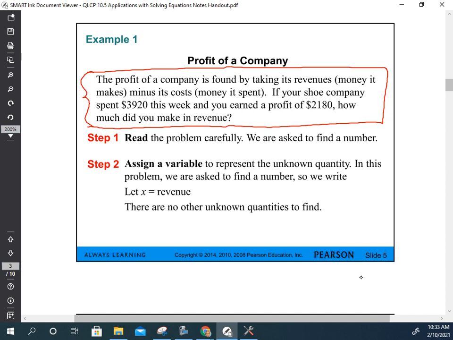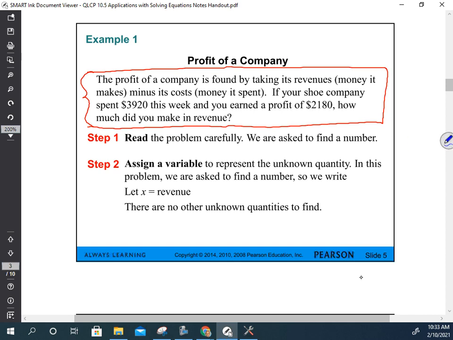So let's go ahead and get at this problem. Profit of a company is found by taking its revenues, the money it makes, minus its cost, the money it's spent. If your shoe company spent $3,920 this week and you earned a profit of $2,180, how much did you make in revenue?